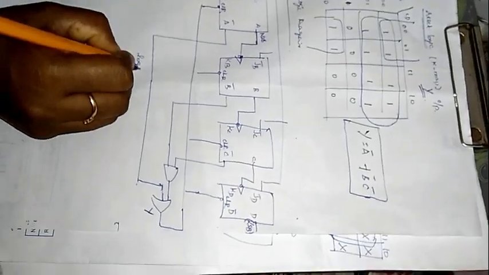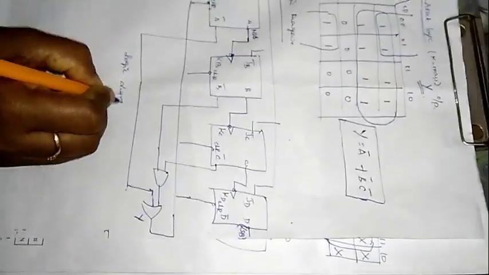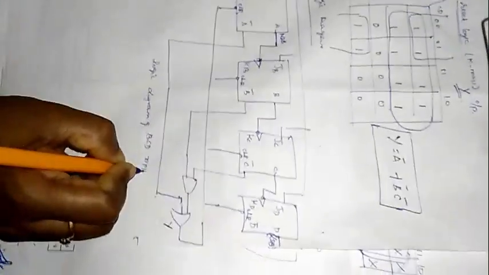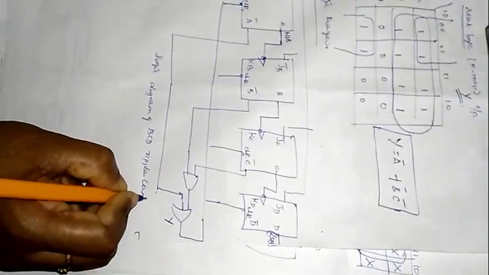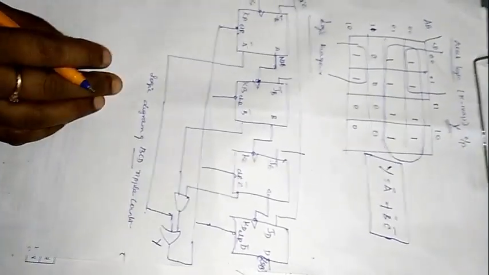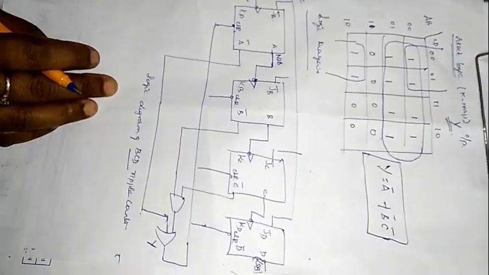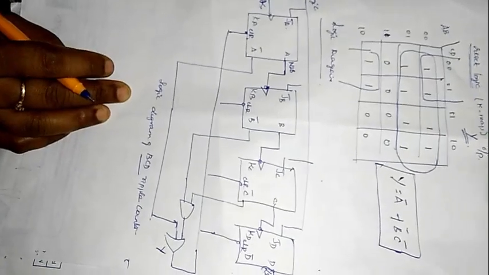Okay, so this is the logic diagram of the BCD ripple counter, and this completes your design of the asynchronous counter, the ripple counter.